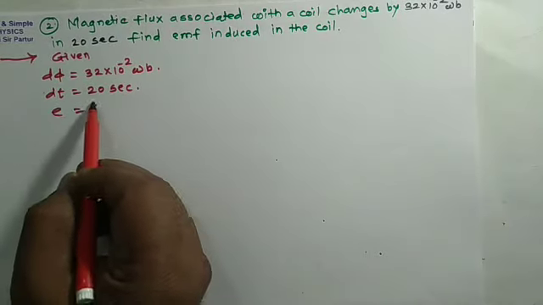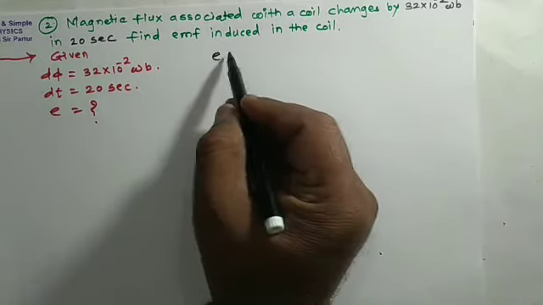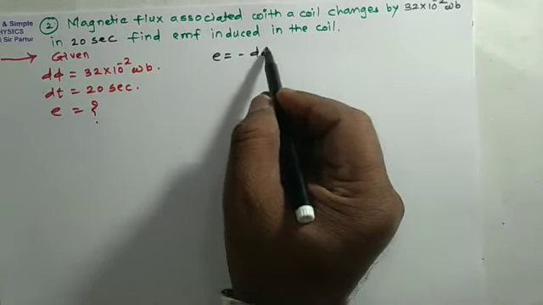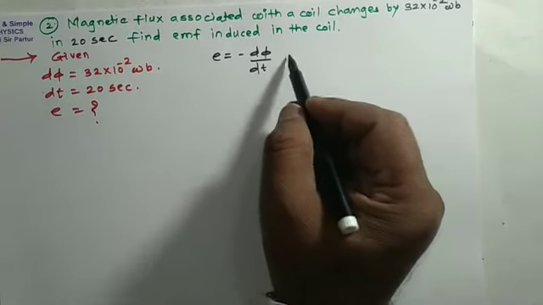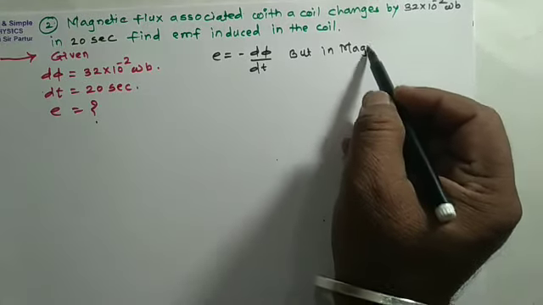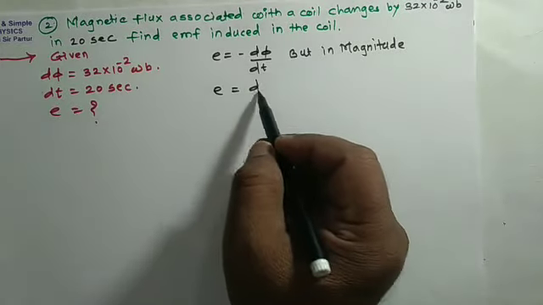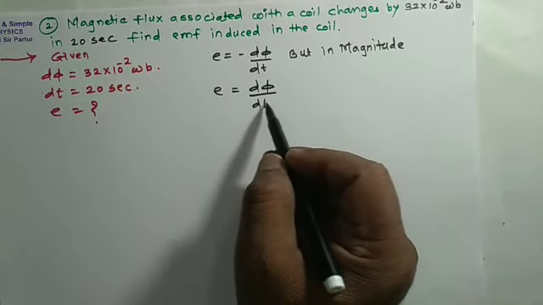We can find out E. So here, using Lenz's law, we can write E equal to minus d phi by dt. But in magnitude, we can write E equal to d phi upon dt.